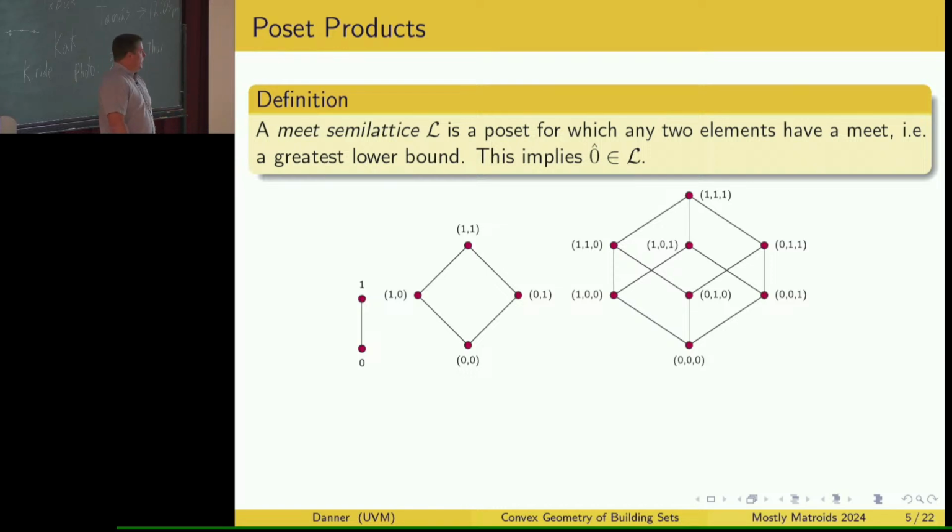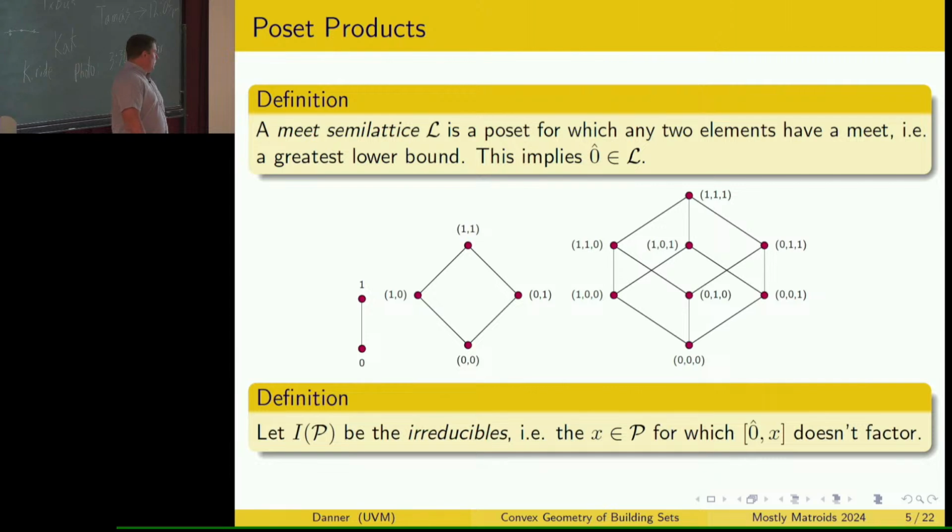But you can see you have some incomparable elements. We have irreducible elements. An element of the lattice is irreducible if you look at the interval from the bottom element, which we're writing 0 hat, all the way up to X, and if that can't be decomposed as a product, we call that irreducible, if it doesn't factor.